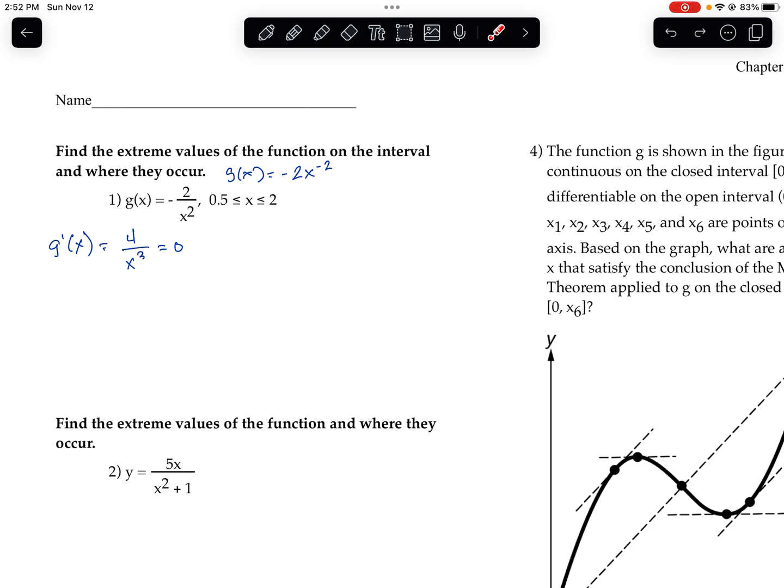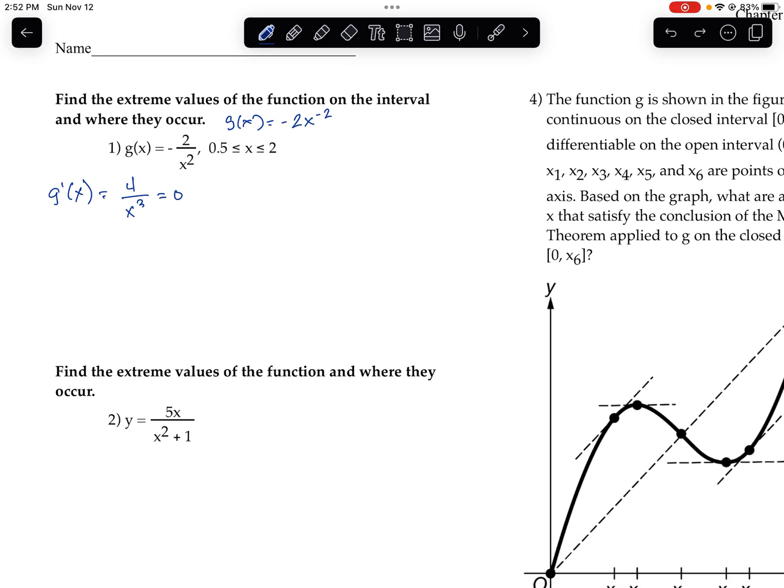So from 1/2 to 2, the function is either always going down or always going up. So we're just going to use the candidates test, and the only thing that we have to use for the candidates test are the endpoints.